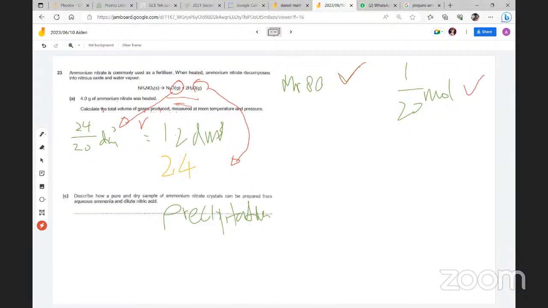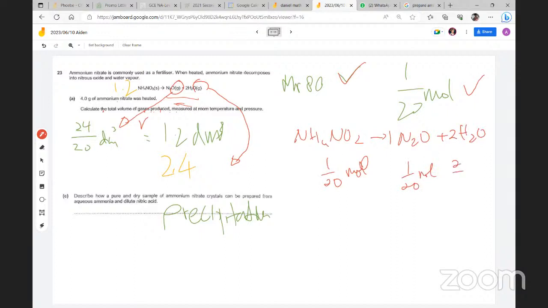But I thought initially it's only 1.2 over here. Again, more. 4 and 2. This will be 1 over 20 mole. That's what you found, correct? And this is 1 N2O plus 2 H2O. So clearly this will be 1 over 20 mole, and this will be 2 over 20 mole, right?